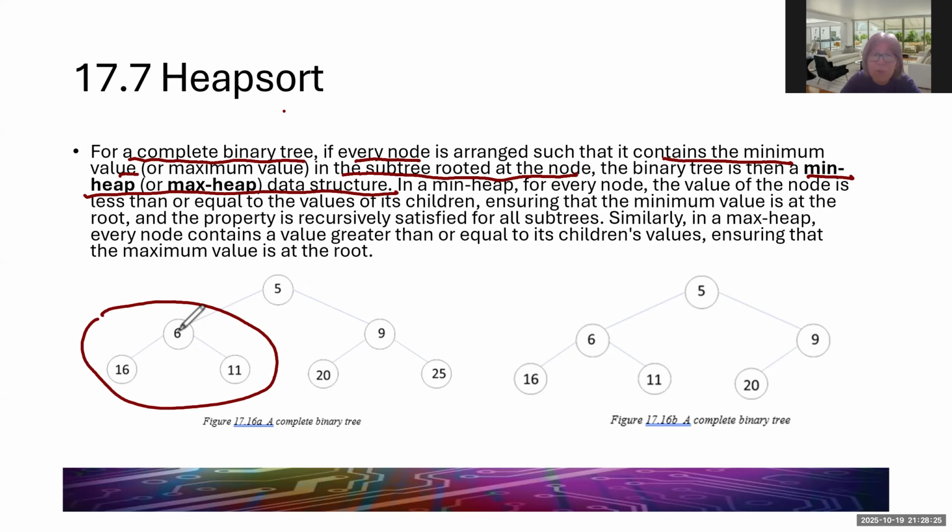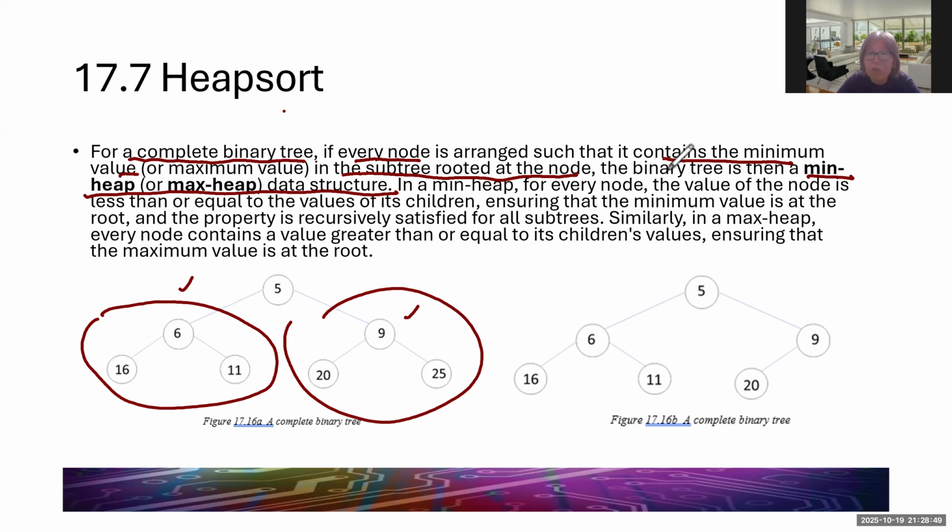6 is the root of this subtree and it's the minimum value, so it meets the condition. Then let's take a look at this subtree. 9 is at the root of this subtree, and it's the minimum value. For the leaf nodes, we don't need to worry.